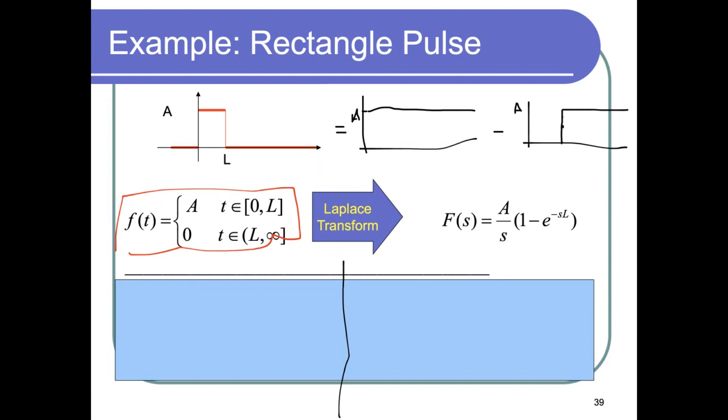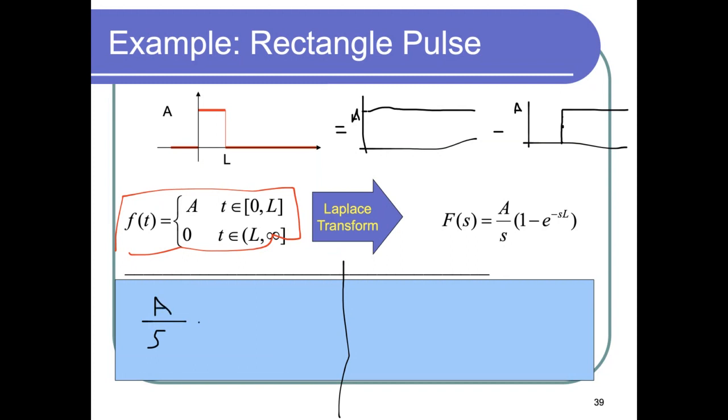So you see what I'm trying to do: instead of finding the Laplace transform of the function using the integral, I split it into 2 easier functions and find the Laplace transform of each of them immediately. For the step input, the Laplace transform was 1 over s. Now this is just multiplied by a, so it's a over s.